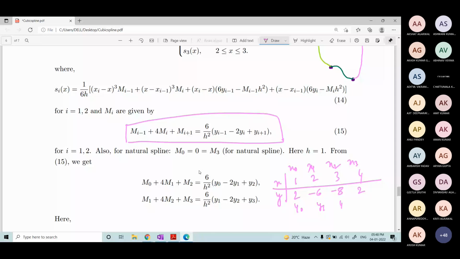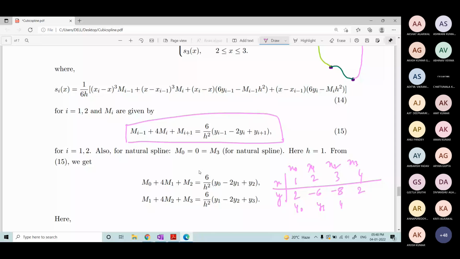Substitute the values. m0 equals to 0, m1 equals to 4.8, m2 equals to 16.8, and m3 equals to 0. So these values are known to you. Also, you know what is x0, x1, x2, x3 and y values. Look here: x0 is 1, x1 is 2, x2 is 3, and x3 is 4, and y0 is 2, y1 is minus 6, y2 is minus 8, and y3 is 2.